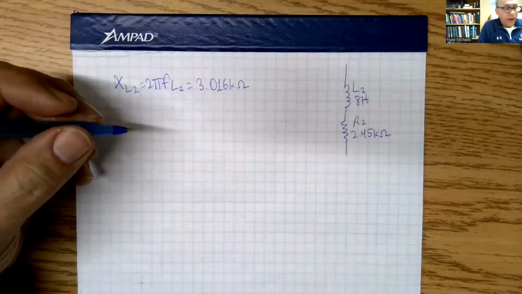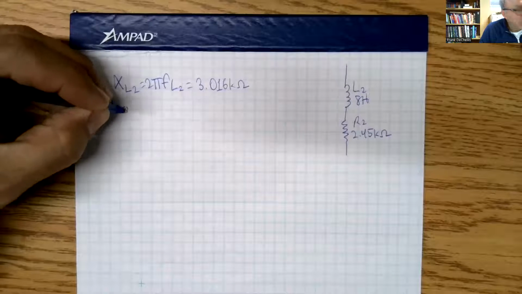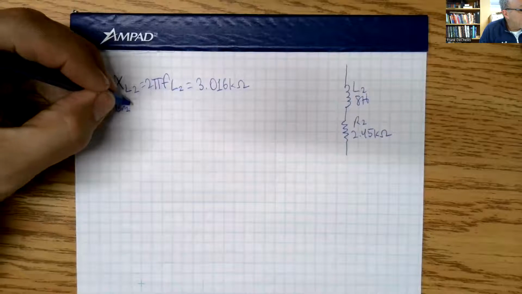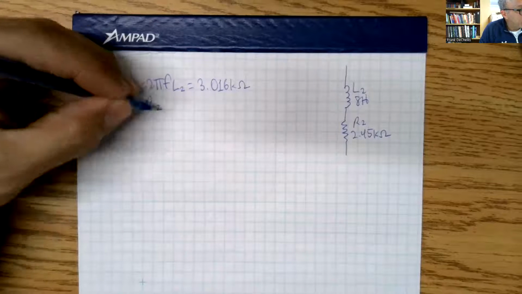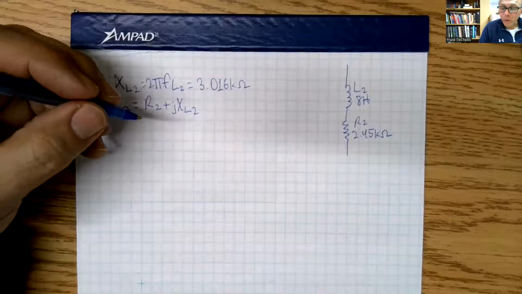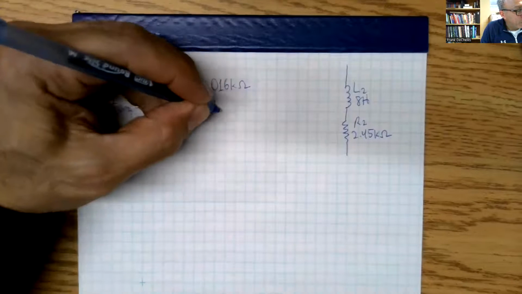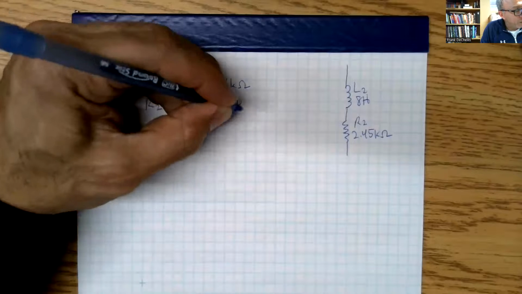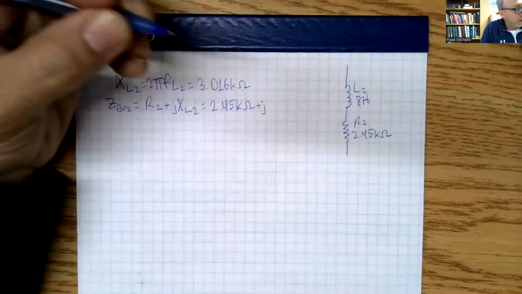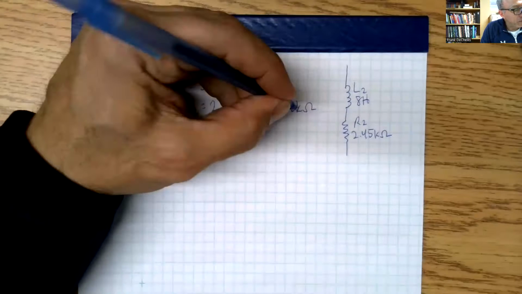Now, the impedance of that branch, Z of branch 2, is equal to R2 plus JXL2, which works out to 2.45 kiloohms plus J 3.016 kiloohms.